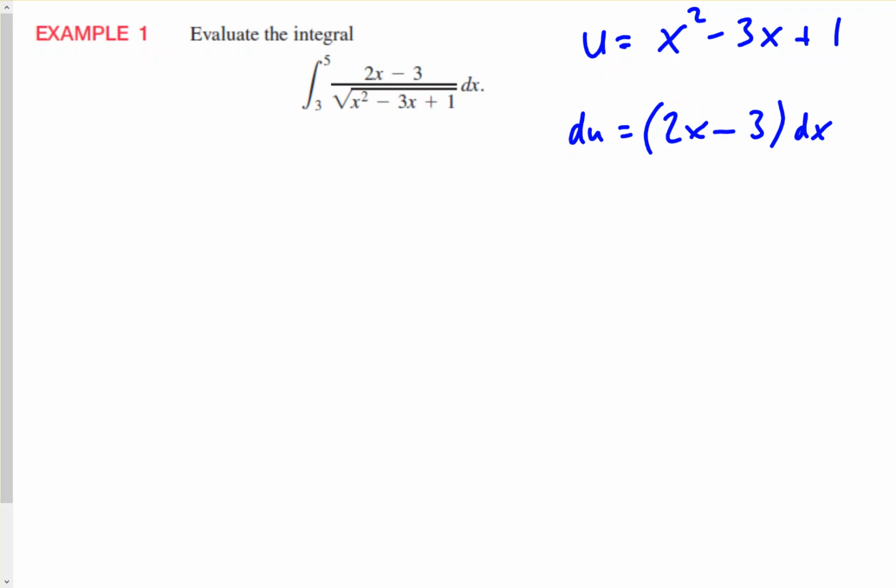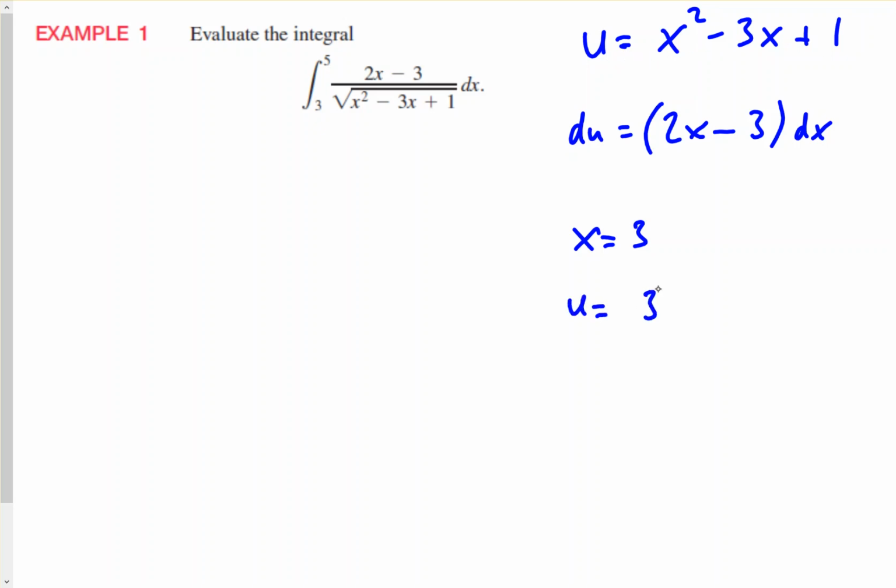Okay, so in order to continue with the u, I'm going to change my limits of integration. I will say that when x equals 3, I'll try to figure out what the u is. So when x equals 3, I could plug 3 into my equation up here for u.